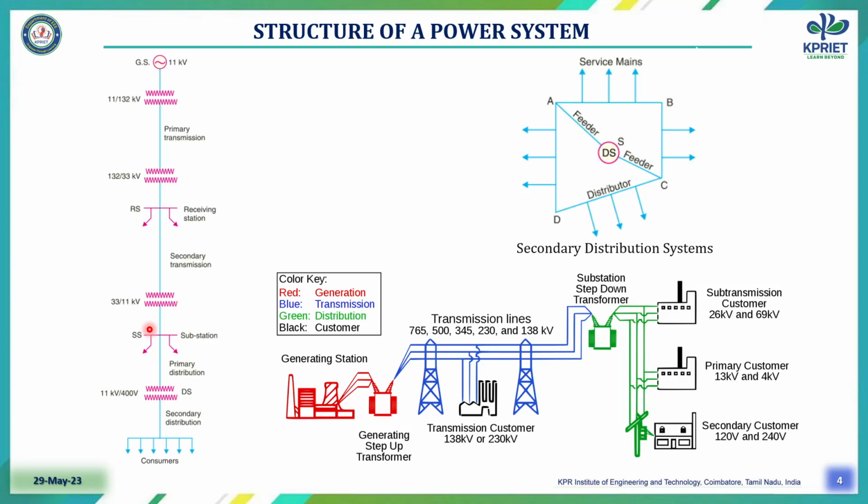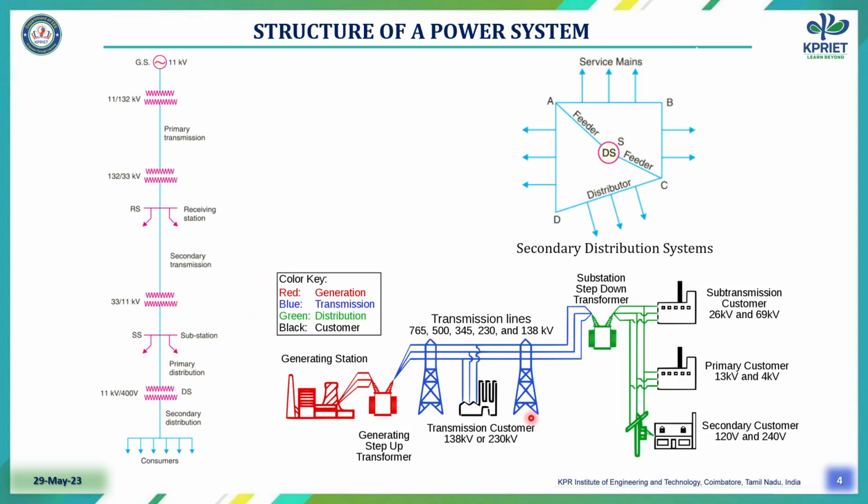That is called an HT consumer, high tension. The power will be tapped from the 11 kV. Then for domestic purposes, in our houses, we use only 440 volt if it is a 3-phase system, or otherwise we can use a single-phase 230 volt system.